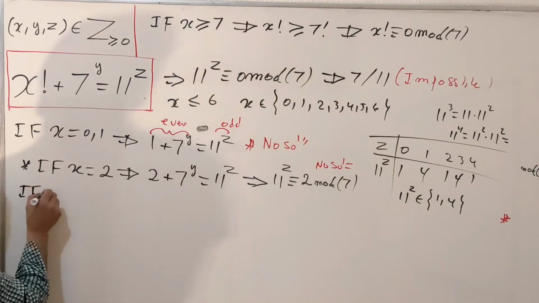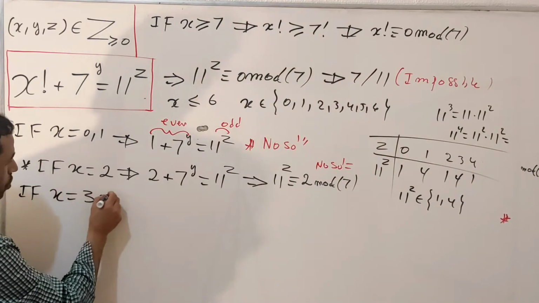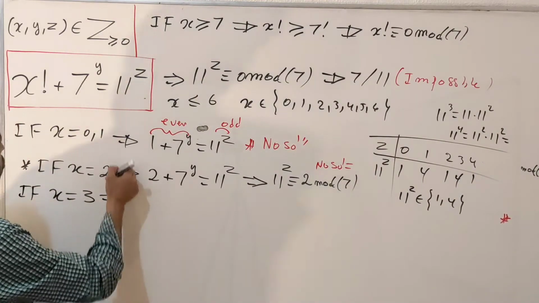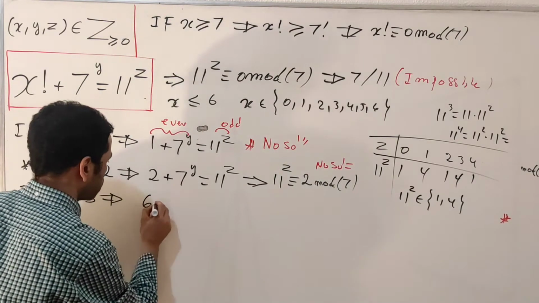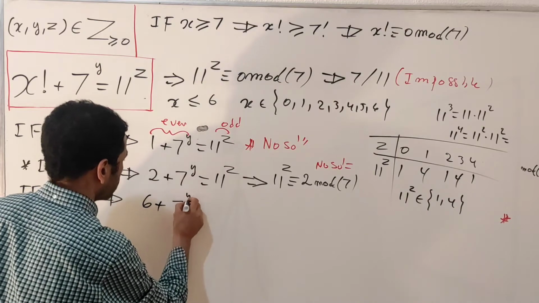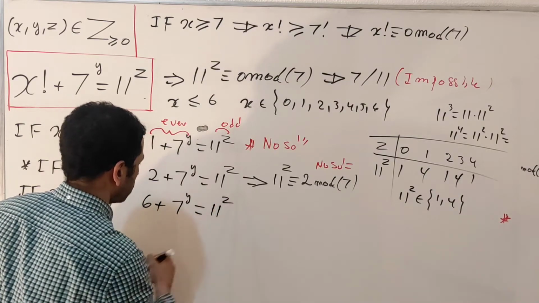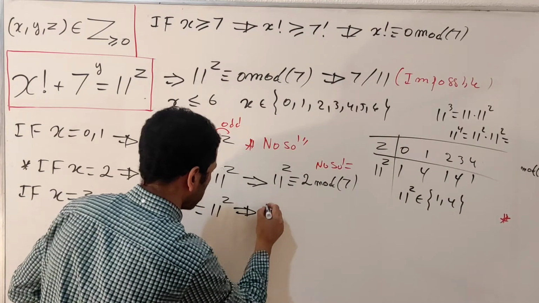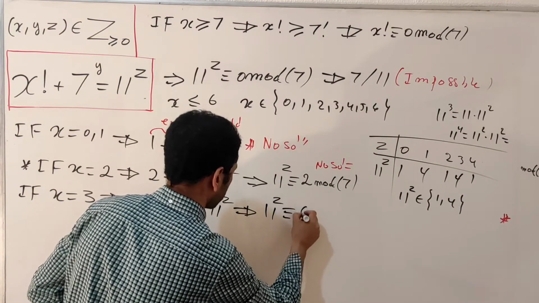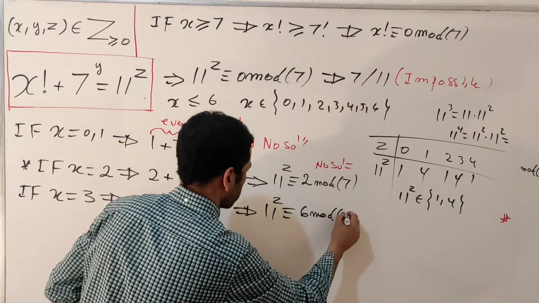If x equals 3, by doing the same work, replacing this into the equation, we get 3 factorial, which is the same as number 6. So 6 plus 7 to the y equals 11 to the z. I'm going to do the same thing by reducing this to mod 7. I will have 11 to the z is equivalent to 6 mod 7.